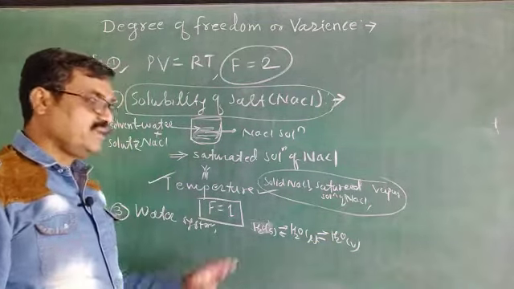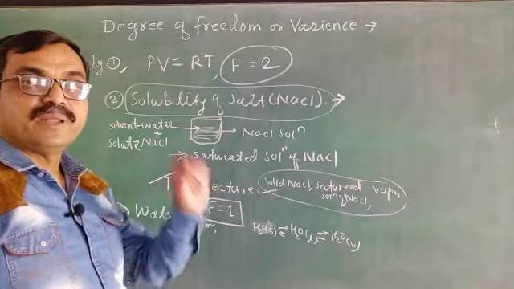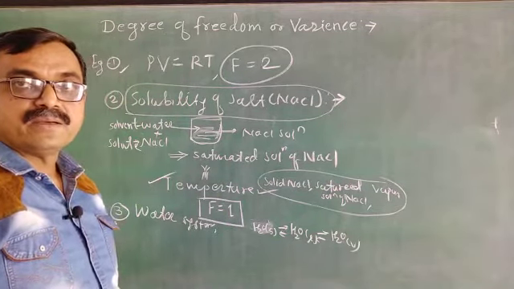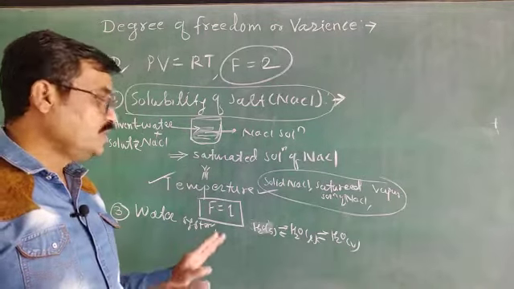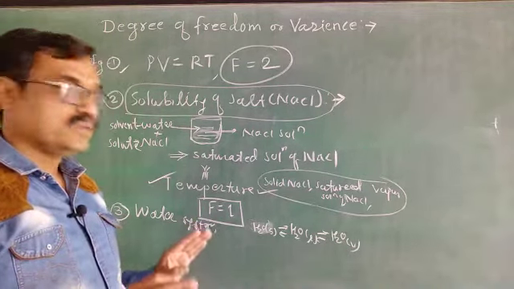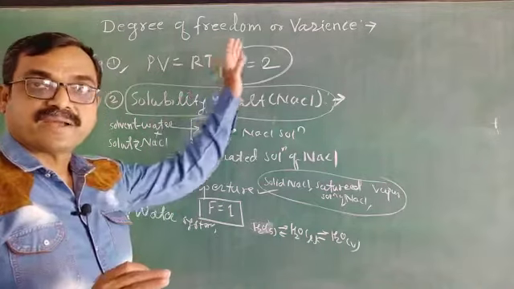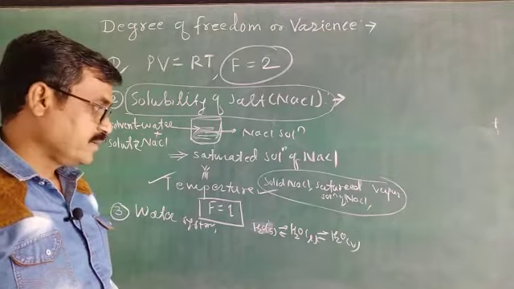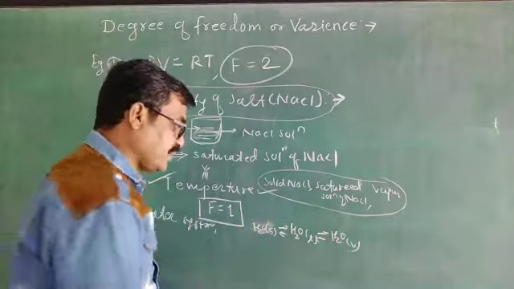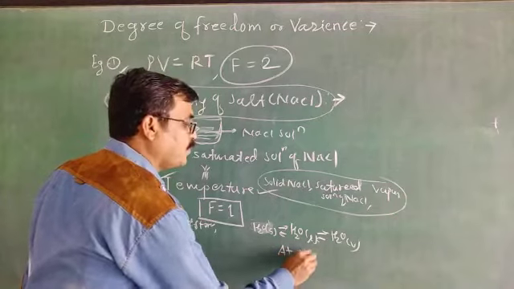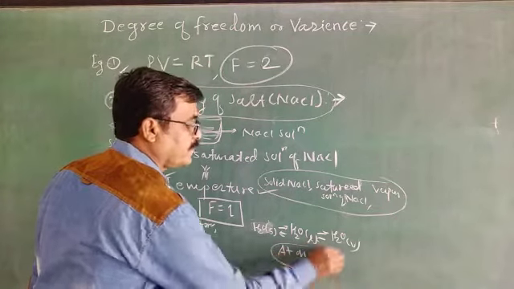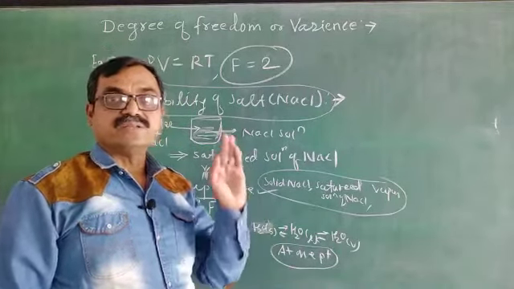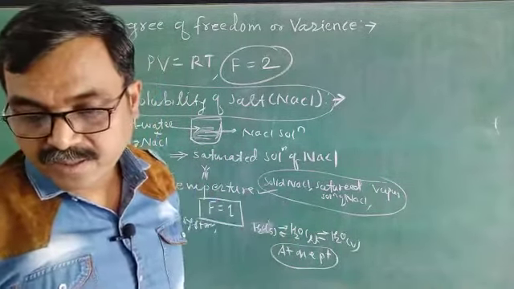These three phases are in equilibrium at one point, and you don't need to know pressure, temperature and composition. Here this equilibrium is established at one point, at 1 atmospheric pressure and 0 degrees Celsius.